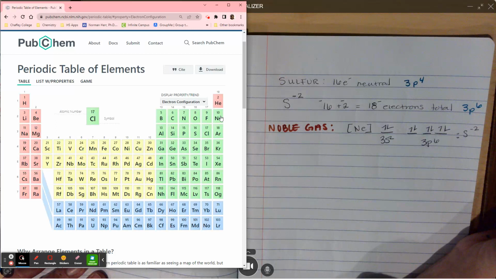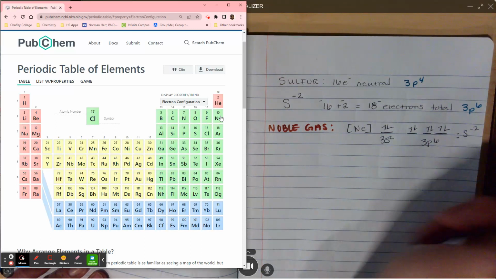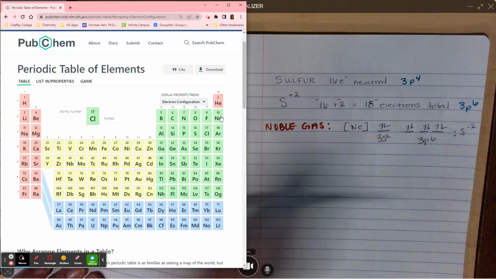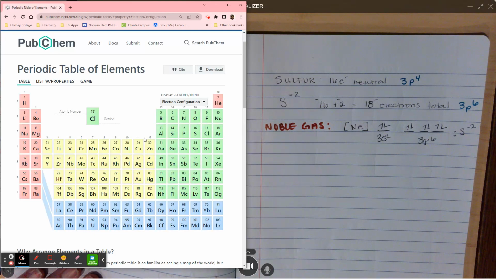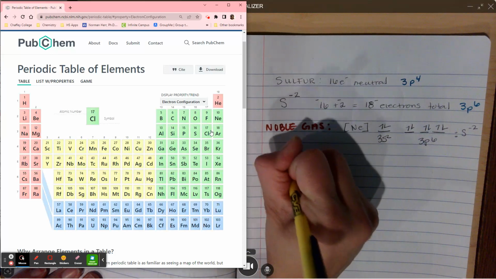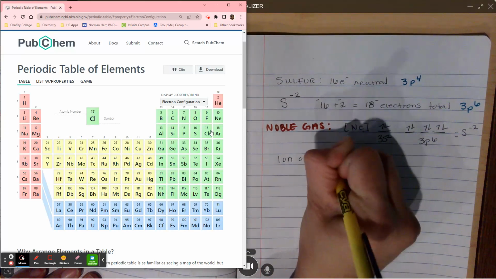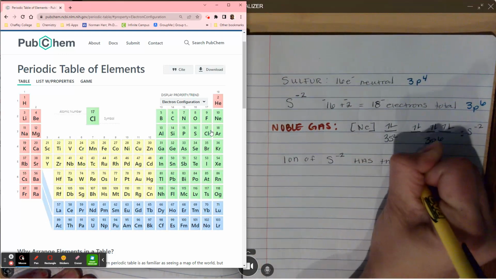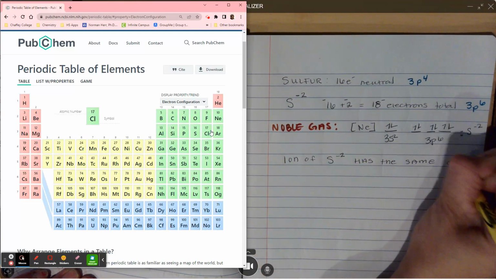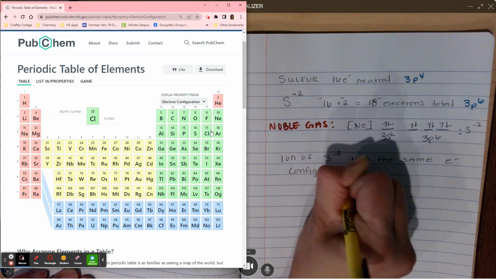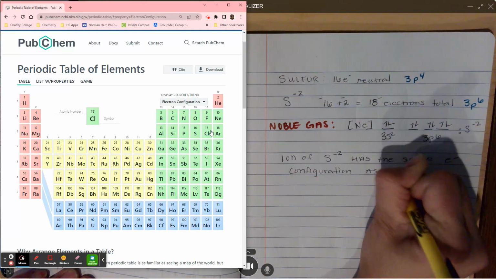Okay. Now, what if it was a positive charge? Oh, by the way, before we move on, because this ends in 3p6, that is where argon actually lives. That means the ion of sulfur with the -2 charge has the same electron configuration as argon.